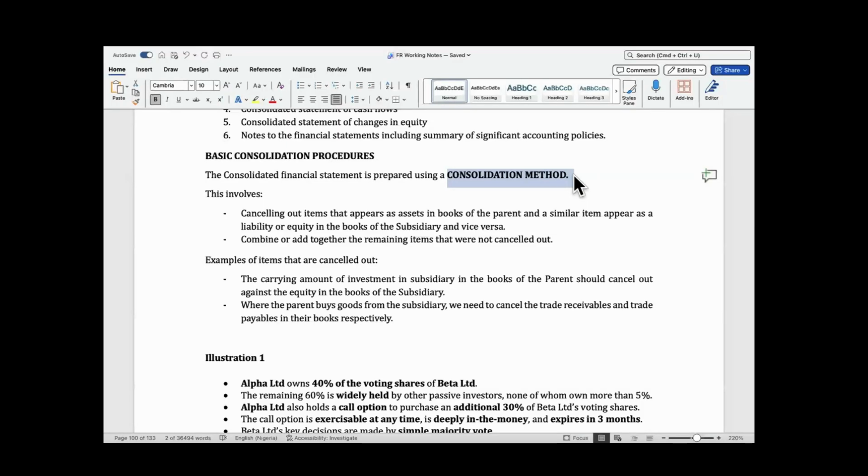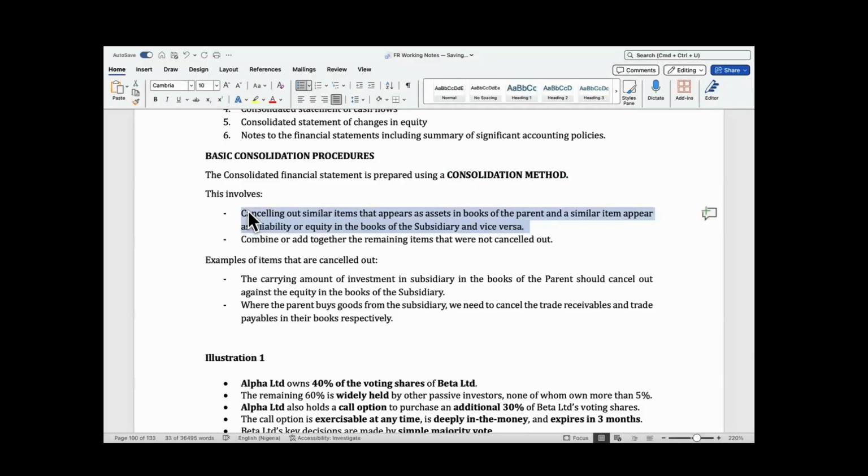In order to achieve that, we must use a principle called cancellation, where we are going to cancel out similar items that appear as asset in the books of the parent against a similar item that appears as liability or equity in the books of the subsidiary and vice versa.